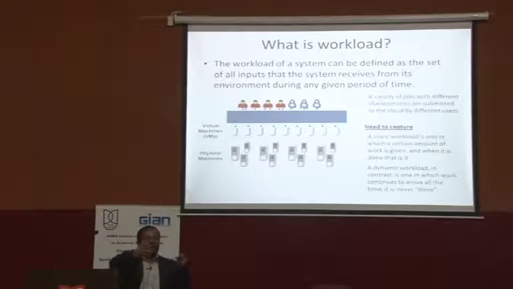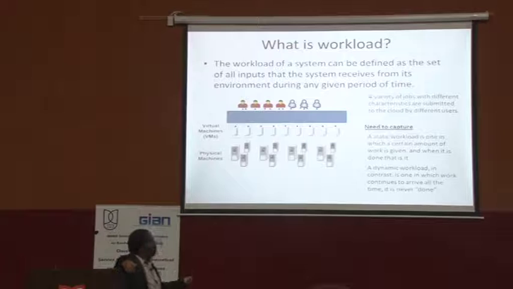So the system will be busy during that time. So we say it is a static workload. This is what many people model, particularly in research environment. When we do research, we only do this system. We have some jobs, run it, finish, gone. It is static. We actually rarely model the dynamicity of the system.